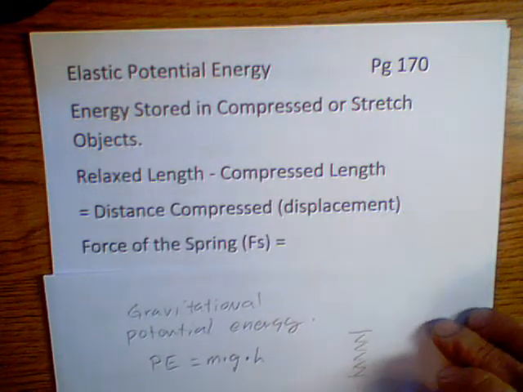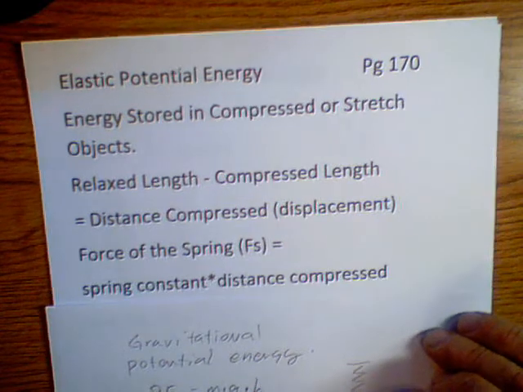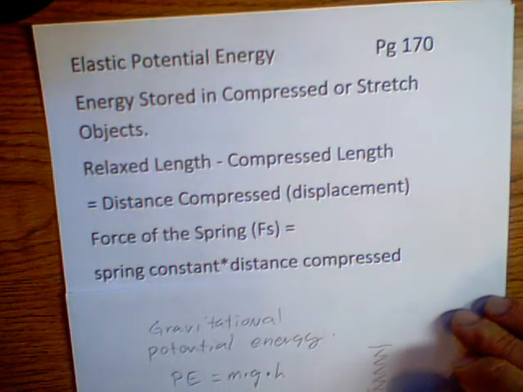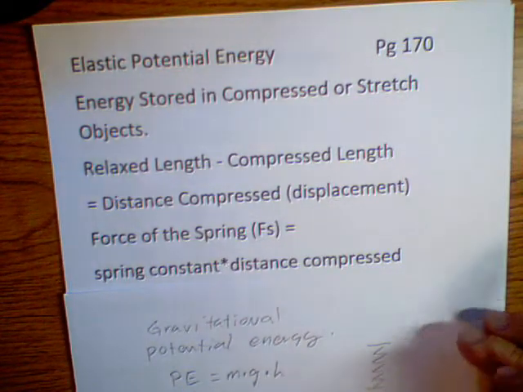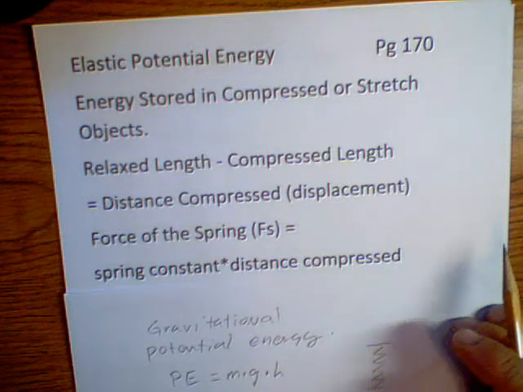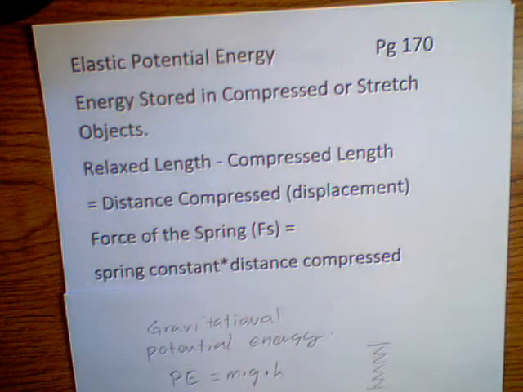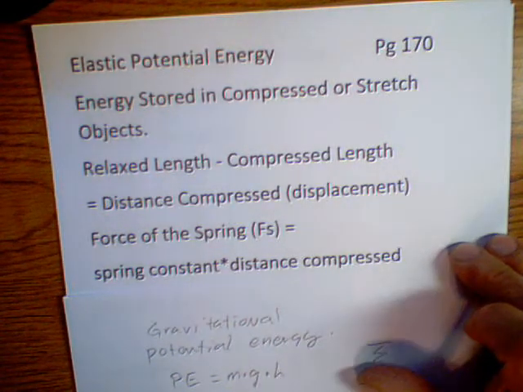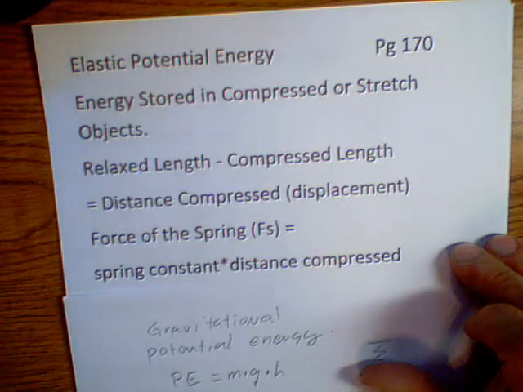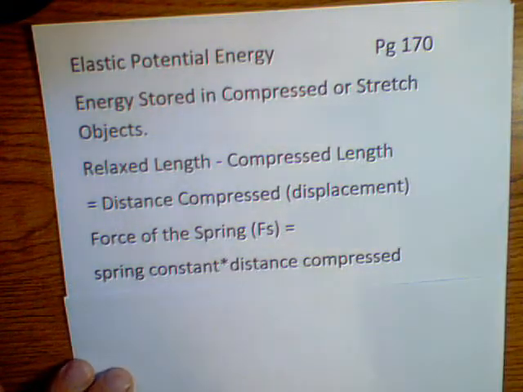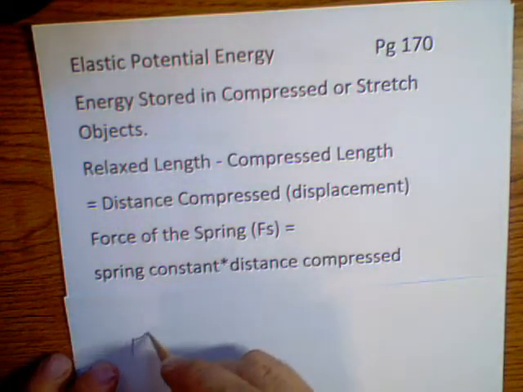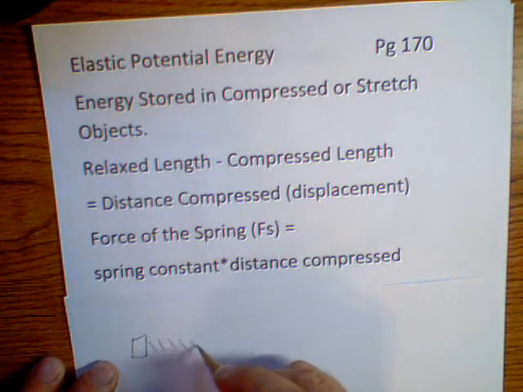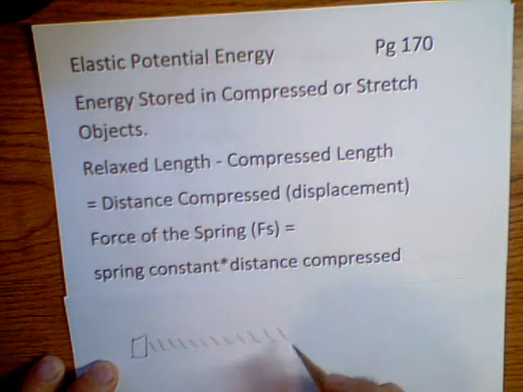There are a couple of different parameters that we need to address in order for you to understand this equation. First, what we mean by the relaxed length and the compressed length. The relaxed length of a spring is, of course, the length without a force.